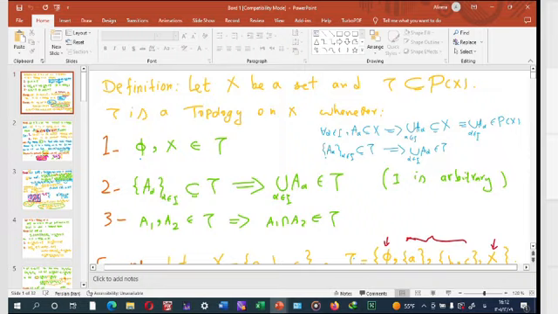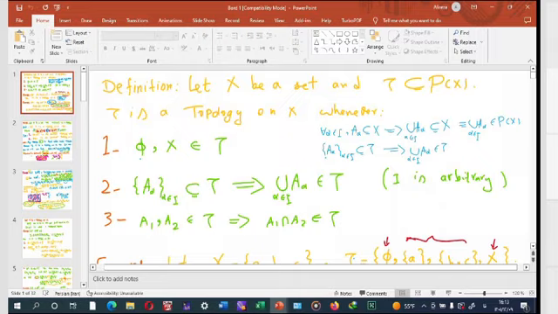The empty set and X belong to tau. For any family in tau, its union belongs to tau.